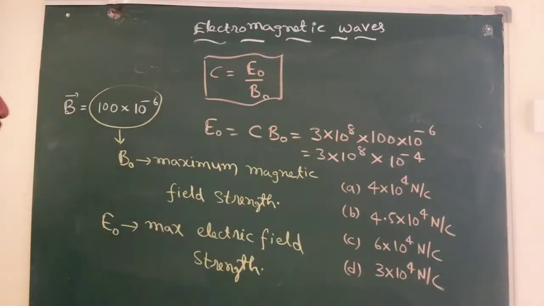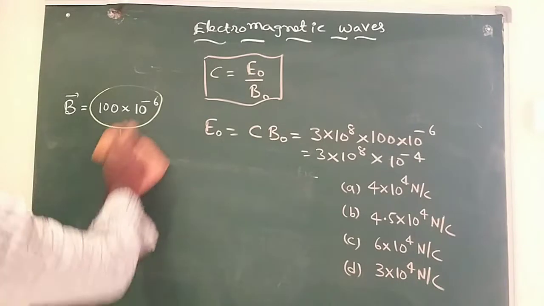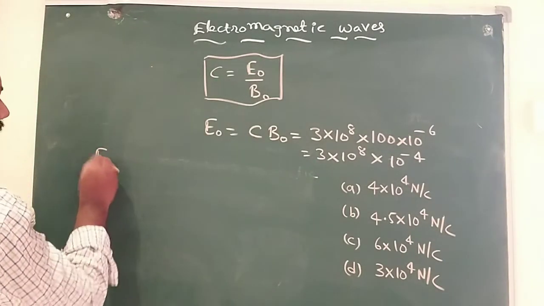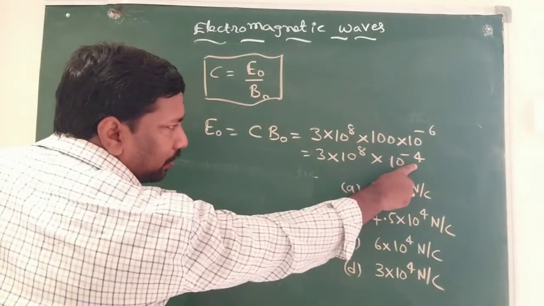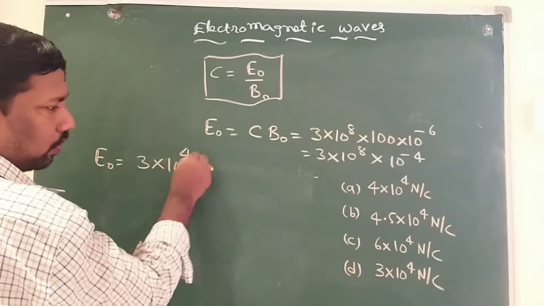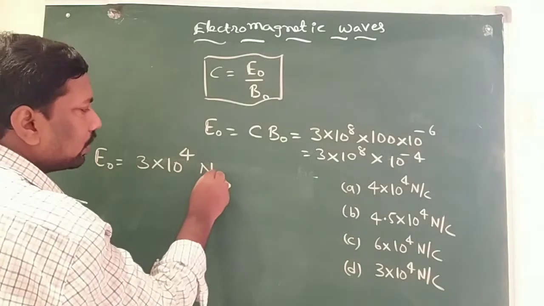Therefore E naught is equal to 3 into 10 power 8 into 10 power minus 4, that means 3 into 10 power 4.